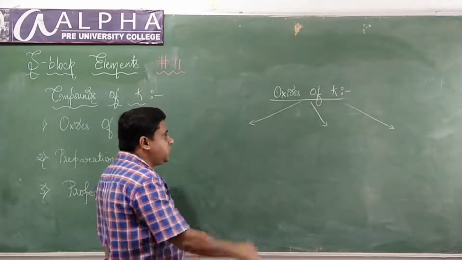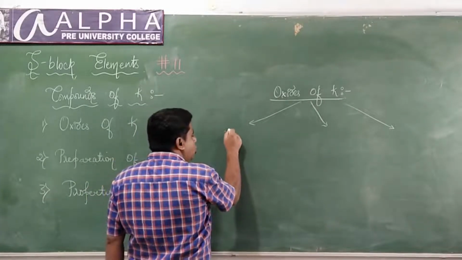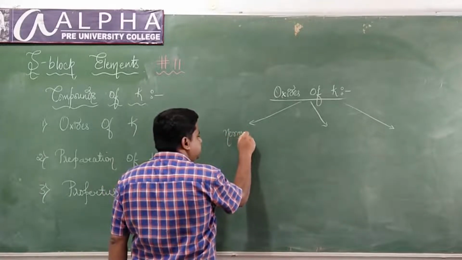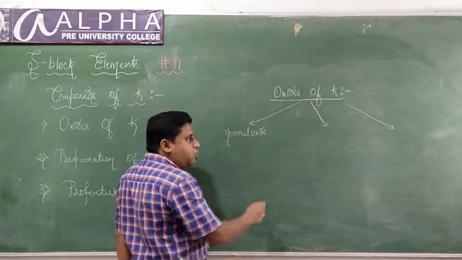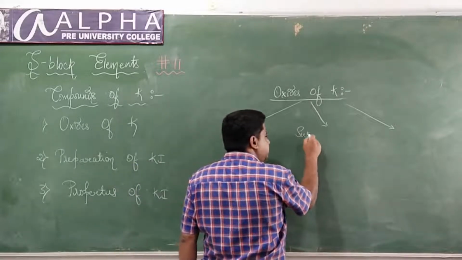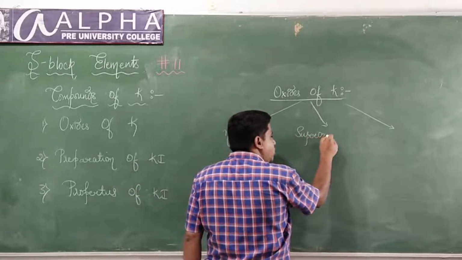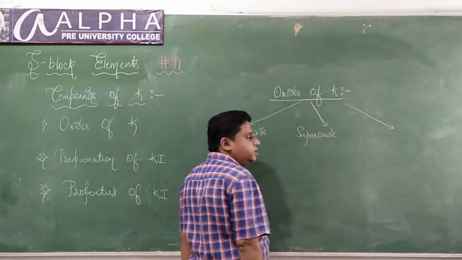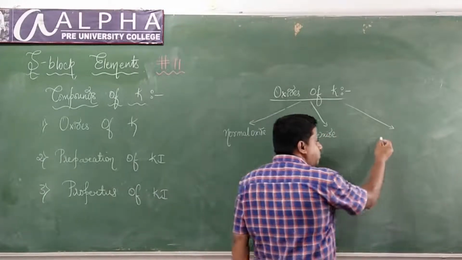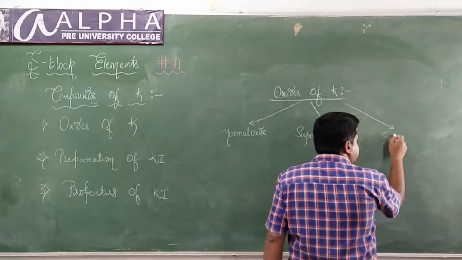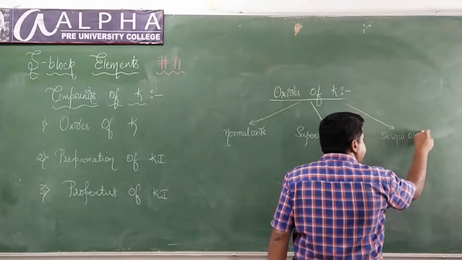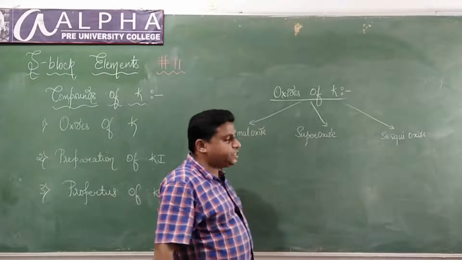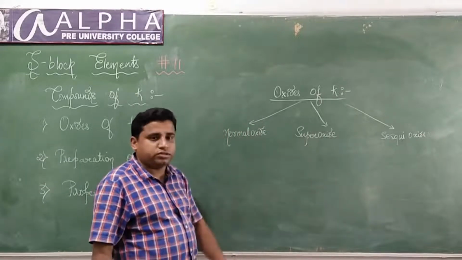Potassium will form normal oxide, superoxide, and sesquioxide. Are you getting it? So potassium is going to form three different types of oxides.